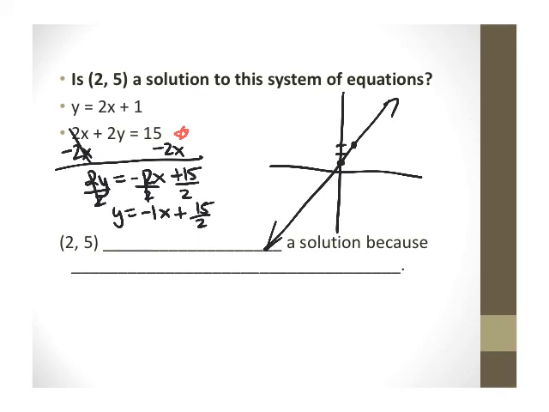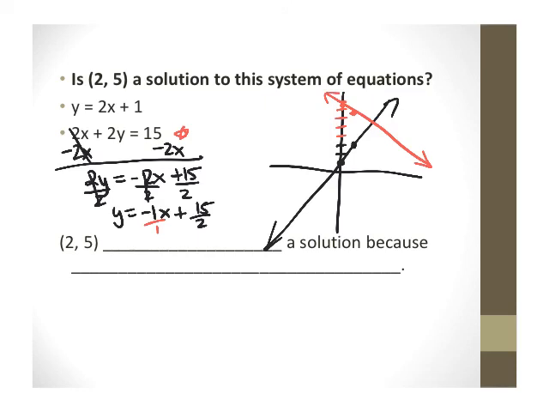So 1, 2, 3, 4, 5, 6, 7, 8. So it's kind of like halfway in between right there. And then I'm going to go down 1 over 1, okay, because it's like that, right? I'm going to go ahead and draw my line. Boom, boom, boom. So is 2 comma 5 a solution?